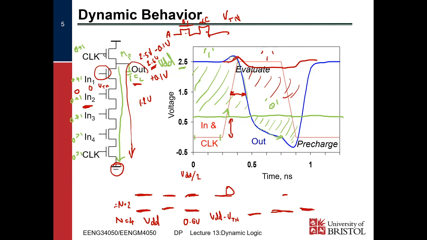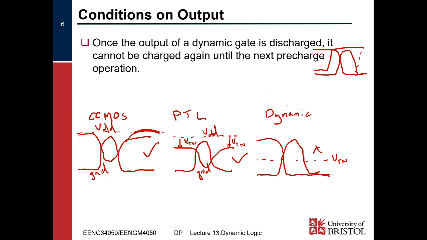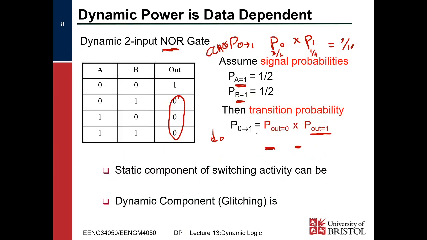Right? So if we see a 0 on any one cycle, on the next cycle there must be a 1, and it must charge up. So the probability that it was a 0 before, as we said, was 3/4. The probability that there's going to be a 1 after, given that there was a 0 before, is 1, because it must recharge through that pre-charge cycle.